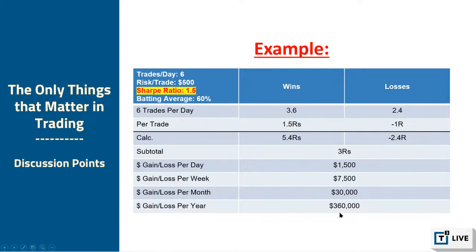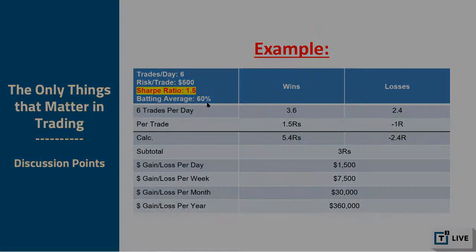The total goes from 575 to 360. So that's a 37%, 38% reduction in the bottom line. And your Sharpe ratio went just from 2.0 to 1.5. So it has an exponential impact on the bottom line.